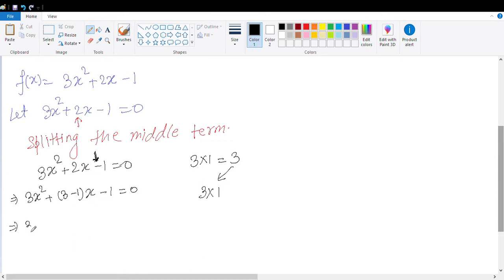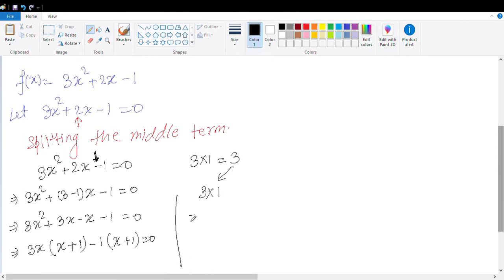So this is 3x square plus 3x minus x minus 1 equal to 0. From the first two terms we can take 3x common. In the bracket you will get x plus 1, and minus 1 common, and here you will get x plus 1. So x plus 1 can be taken common again.